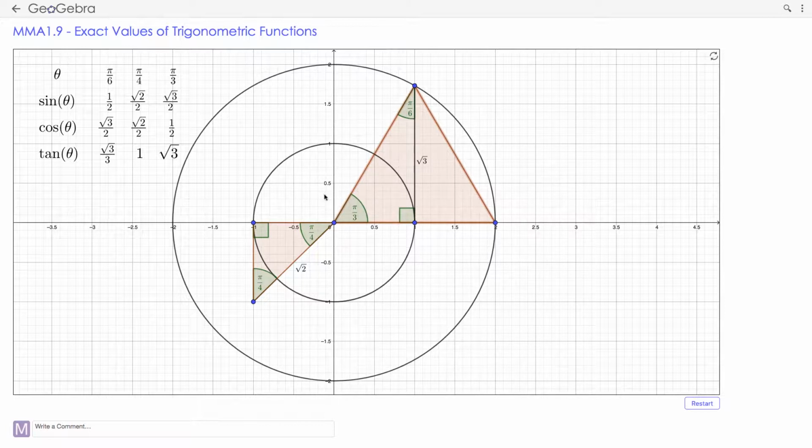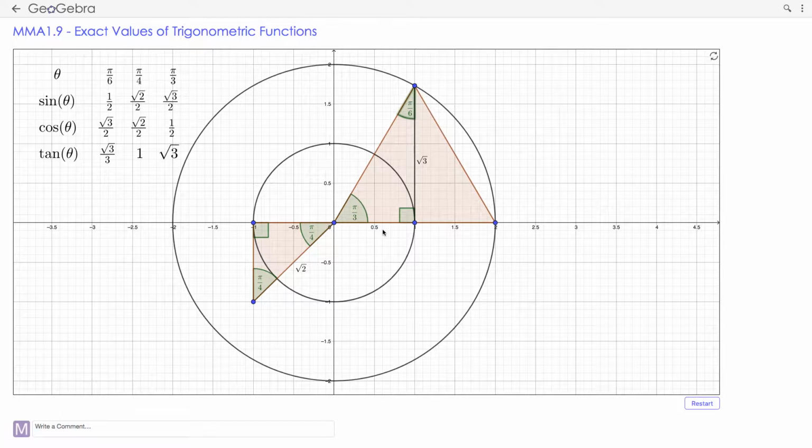The sum of angles in a triangle is always pi, right? So all of these three angles have to be pi, so the length over here is also necessarily 2. So all of these lengths are 2, okay? When this angle is pi third and this angle is pi sixth.